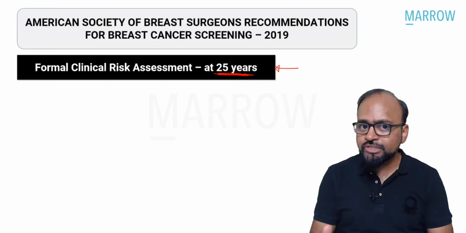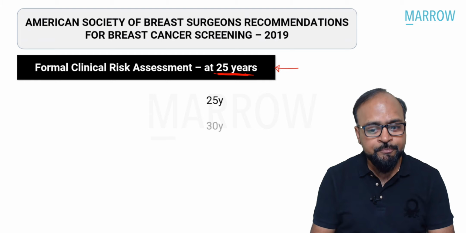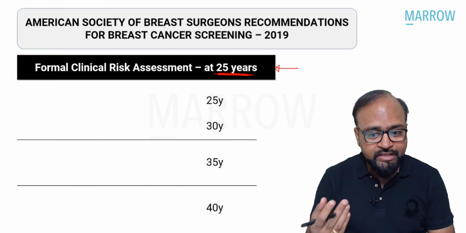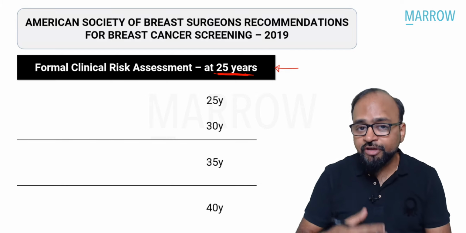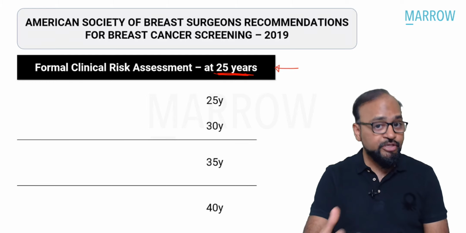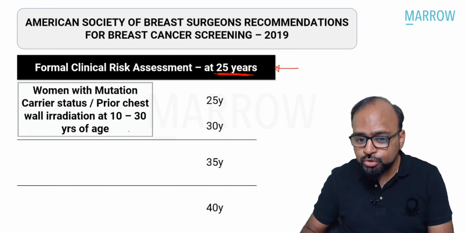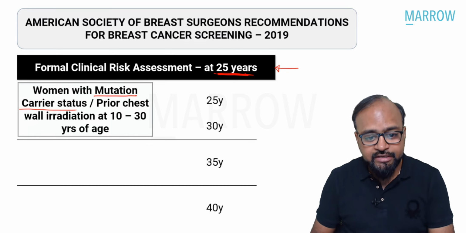Now, before we go to these categories, remember it this way, just remember the numbers 25, 30, 35 and 40. What are those risk categories? If the patient has a very high risk, based on the history and formal clinical risk assessment, the very high risk category is where the patient has a mutation carrier status.